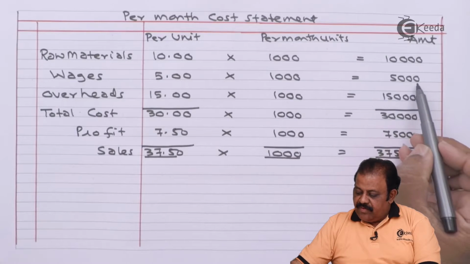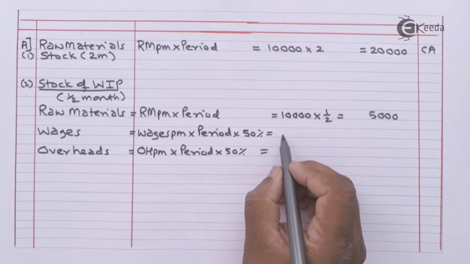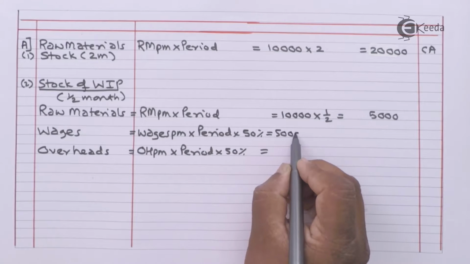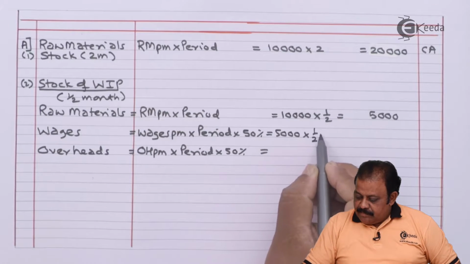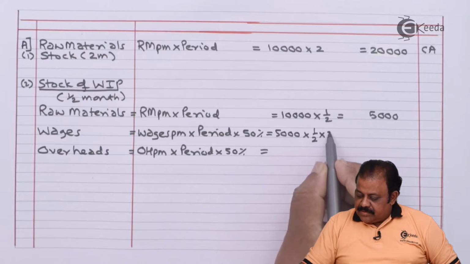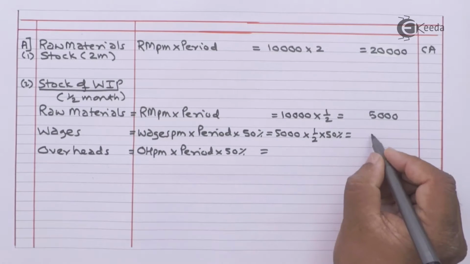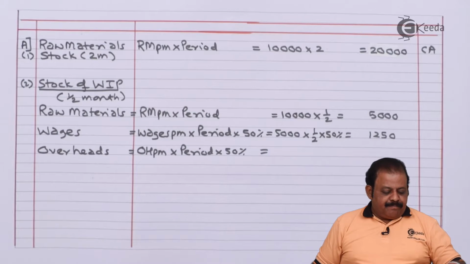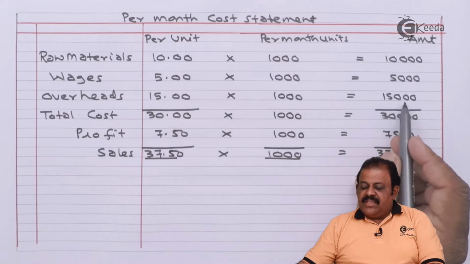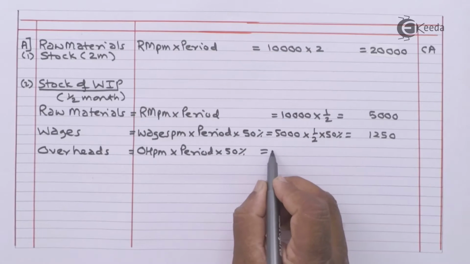Wages 5,000 per month multiplied by period half month, multiplied by 50%, it is 1,250. Overheads 15,000 per month.